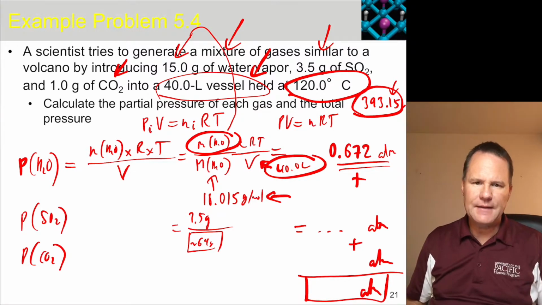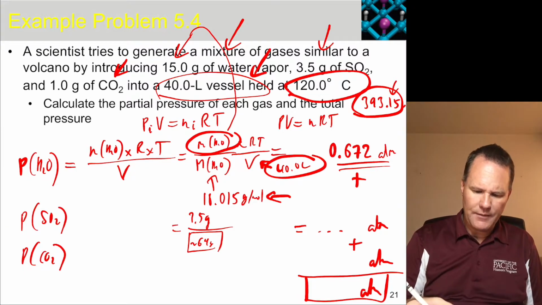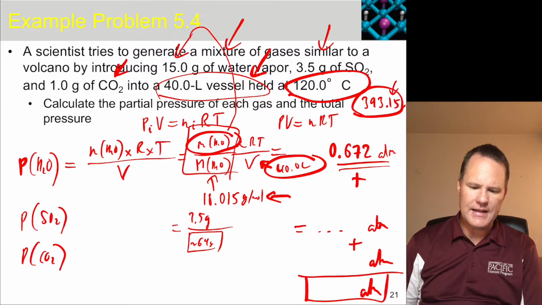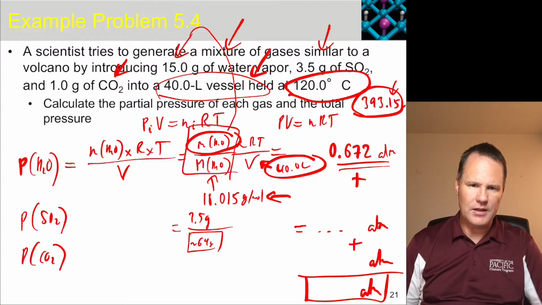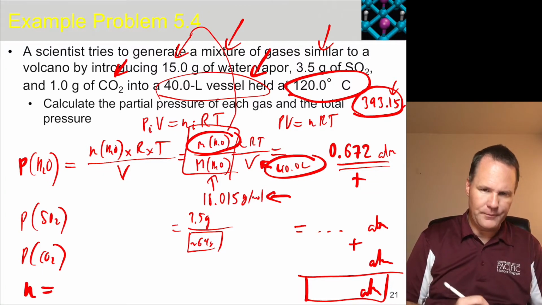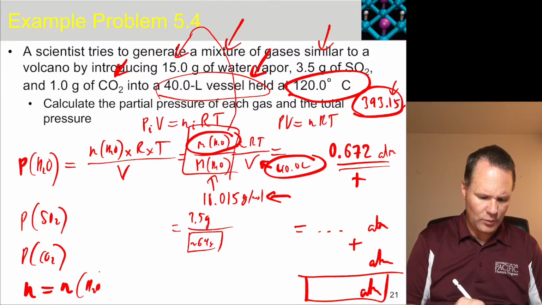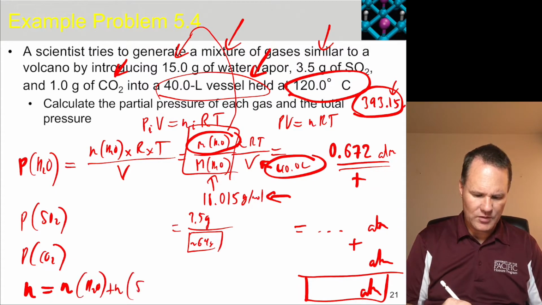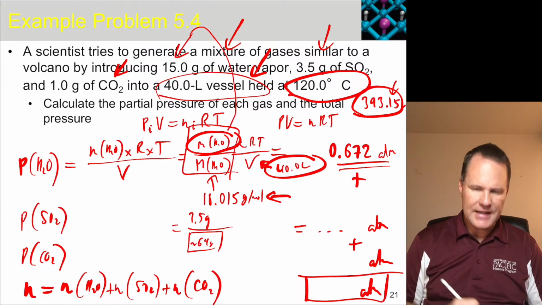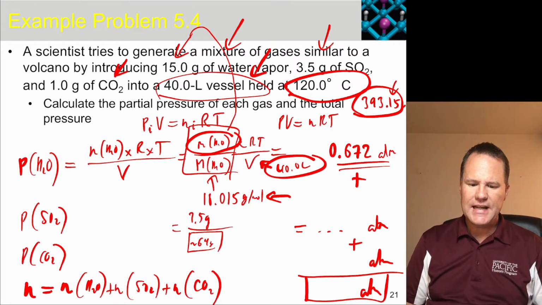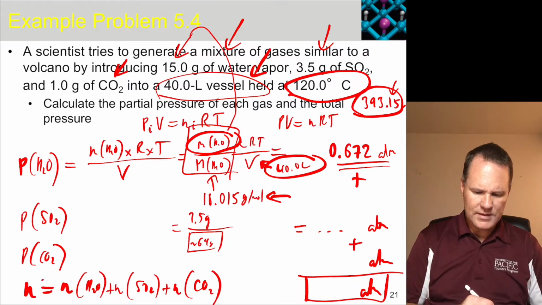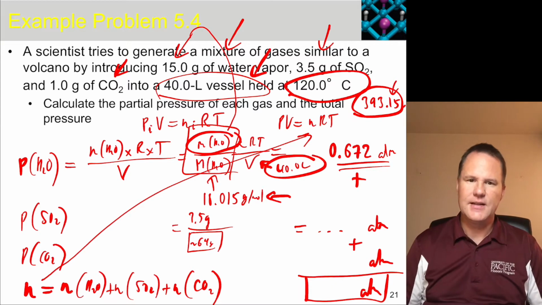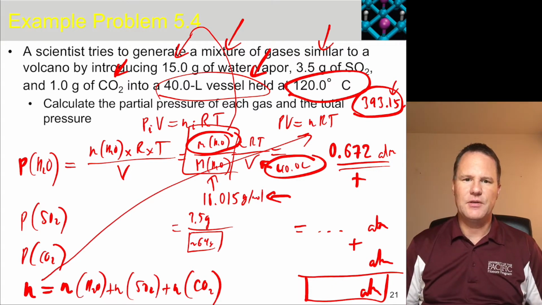Another way of doing that would be first to use this mass over molar mass to get the number of moles of water. And then the total moles is the number of moles of water plus the number of moles of SO2 plus the number of moles of the CO2, and you add them up to get the number of moles, and then put that number of moles into the ideal gas law, which will give you directly the pressure.